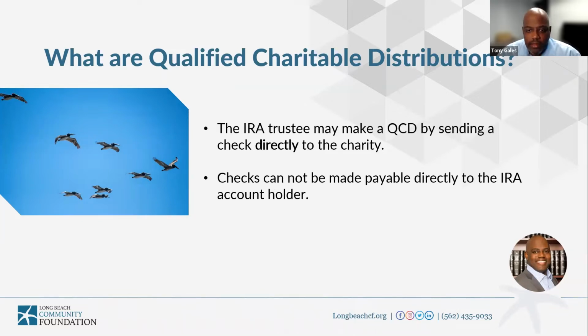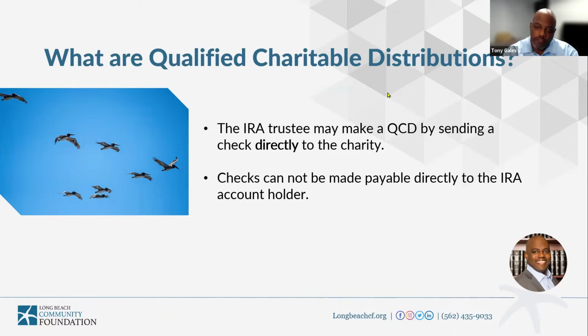Okay, so with respect to the direct contribution, the IRA trustee must make the qualified charitable distribution directly to the charity as stated. And the RMD recipient or the IRA holder cannot take possession of that RMD before the charity receives it.